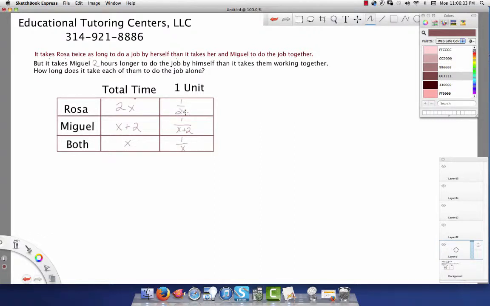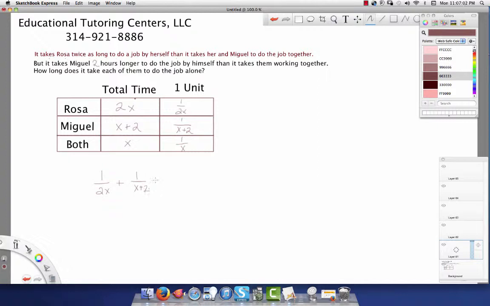Now our goal is to solve for how long it will take each of them to do the job alone. And the way we're going to do that is to solve for x and then substitute values in. So for Rosa, we have 1 over 2x plus Miguel is 1 over x plus 2.